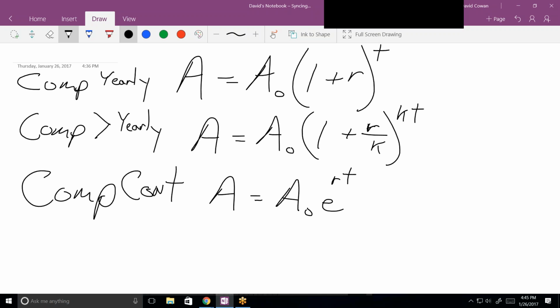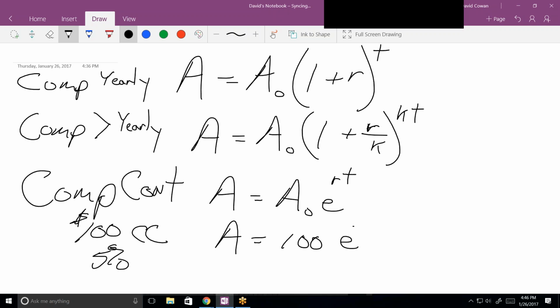Instead of 1 plus the interest rate, it's the number E, Euler's constant, to the RT. So take the same exact problem, $100 at 5%, compounded continuously. It gives you 100 times E to the 0.05 times 3 years.